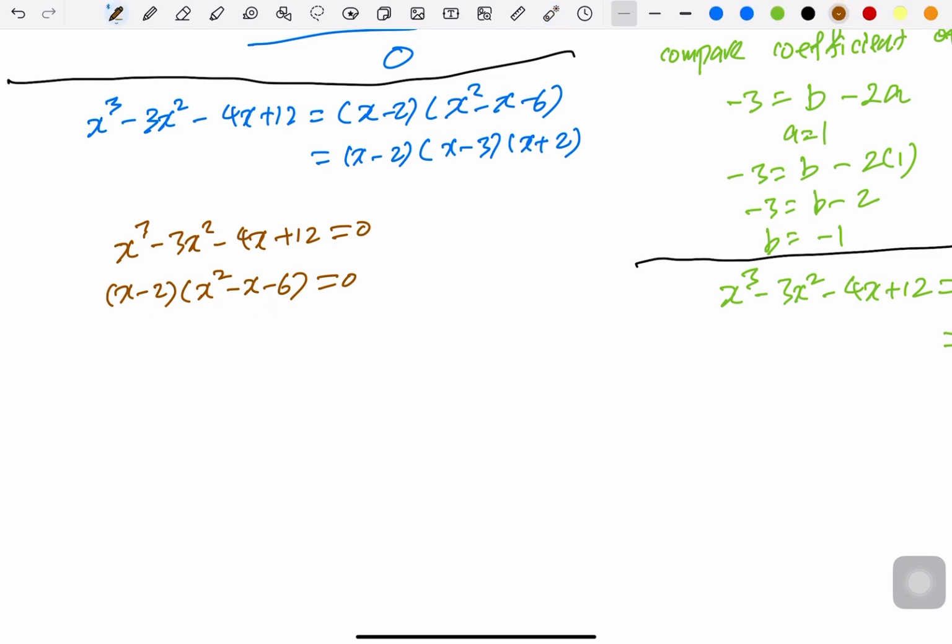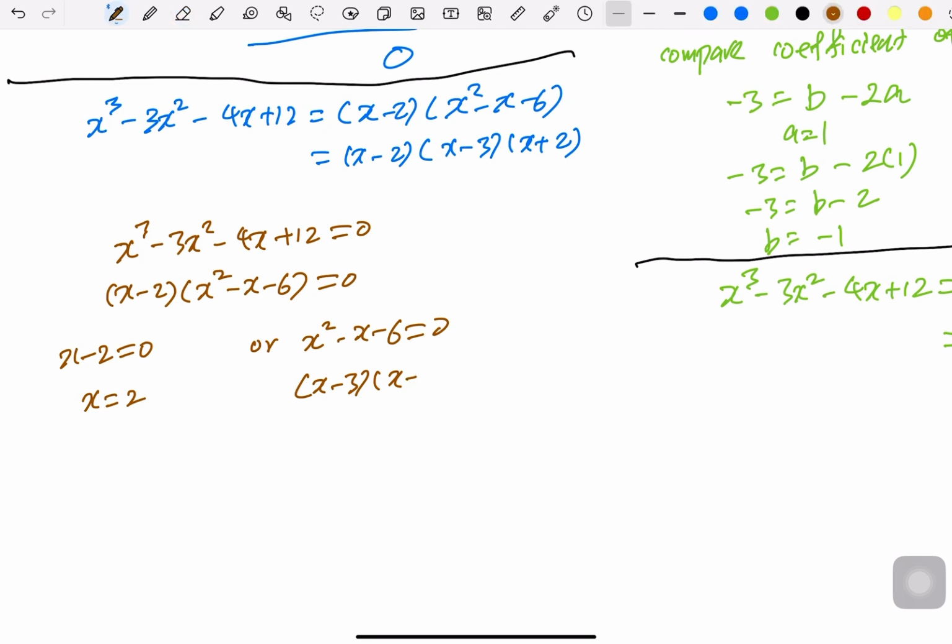Therefore, either x minus 2 equals 0, or x squared minus x minus 6 equals 0. So x equals 2. This one I will factorize. You might ask why I factorize it here. Because there will be cases where some quadratic equations cannot be factorized, and we need to use the formula.